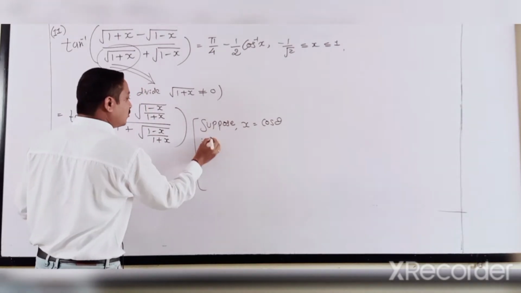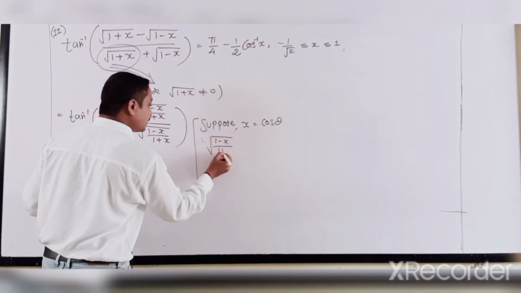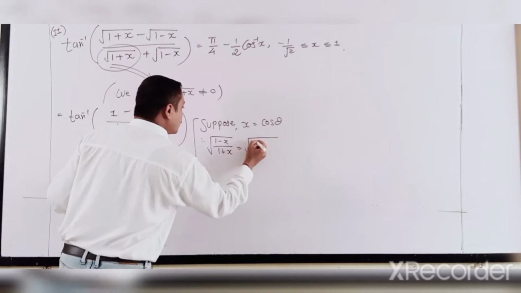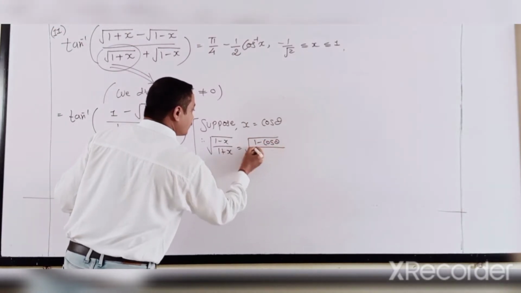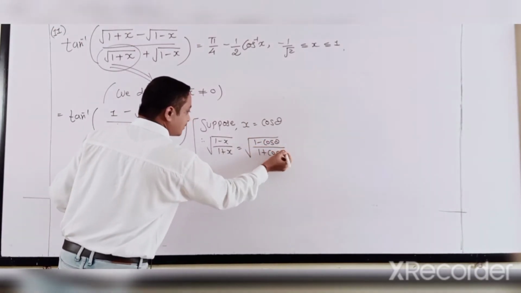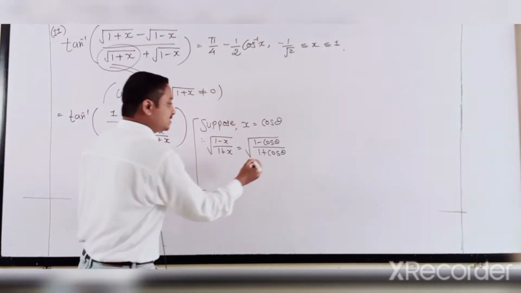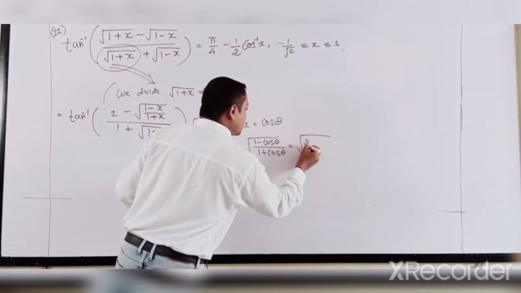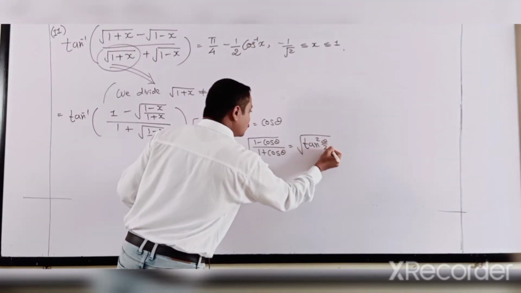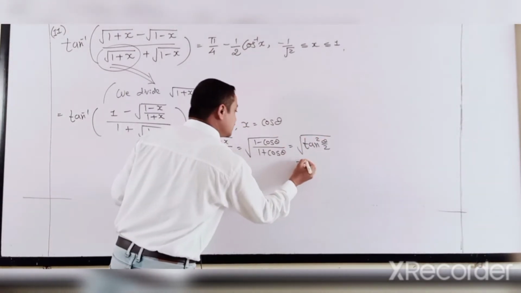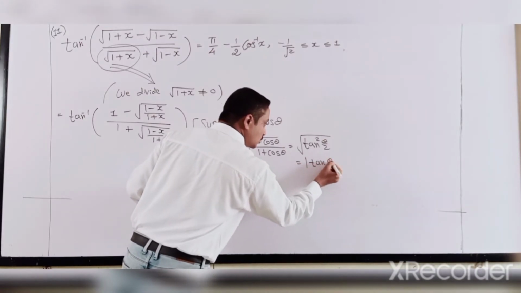So what is the value of (1 minus x) by (1 plus x)? It is (1 minus cos theta) by (1 plus cos theta), and I know that it is tan square theta by 2. So your answer is modulus tan theta by 2.